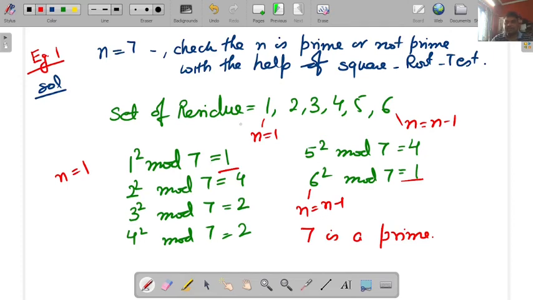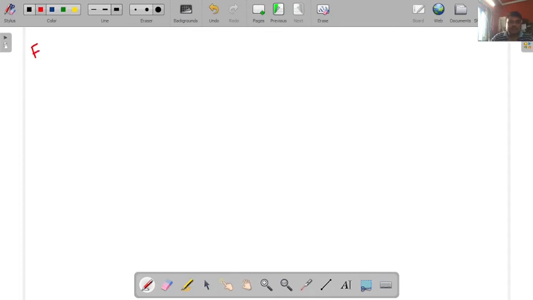Take another example. Example number 2. Let's check for n is equal to 8 whether it is prime or not prime with the help of the square root test method. Now move on to the solution.